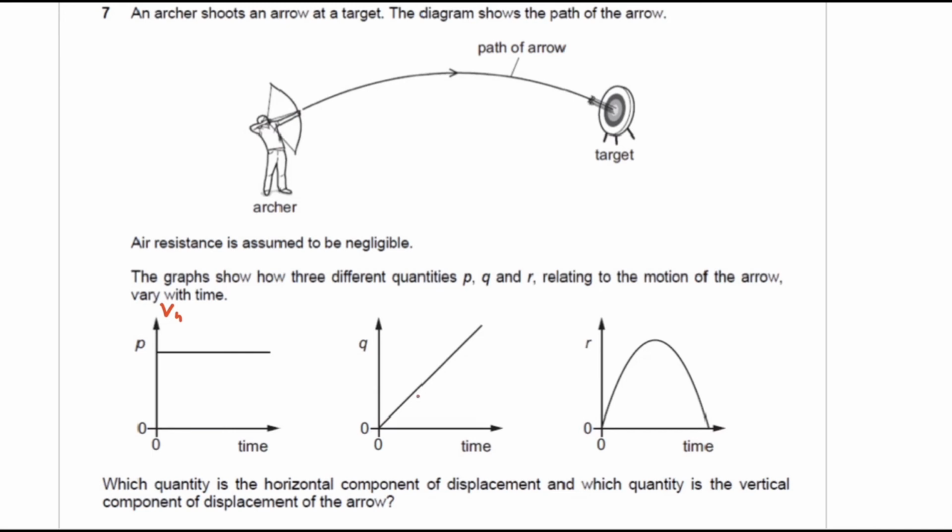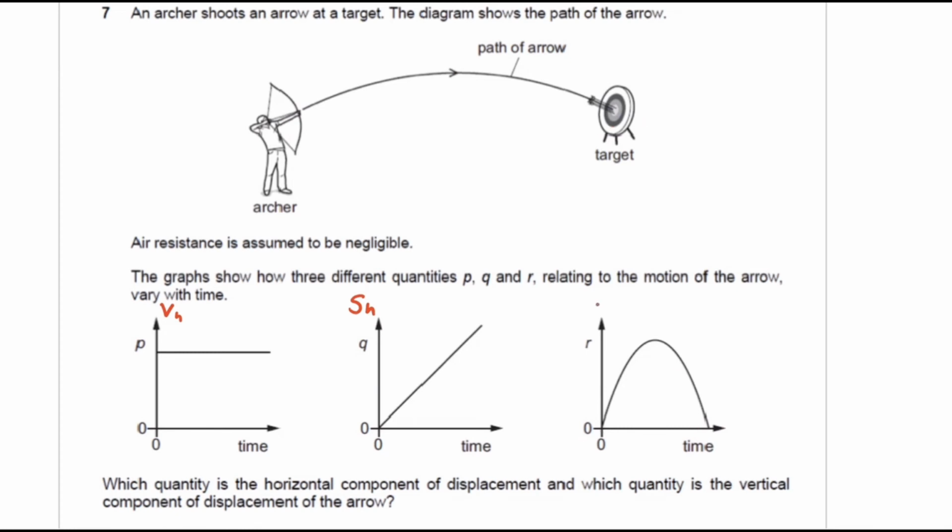Okay. Q, increasing, should be horizontal displacement as they go forward only. So this is horizontal displacement. This one going up and down, that is the vertical displacement. Vertically, it goes up to the maximum height, then it comes back down to the horizontal.